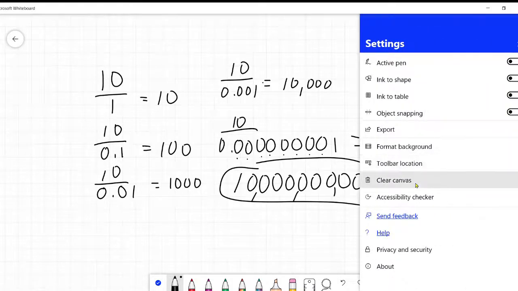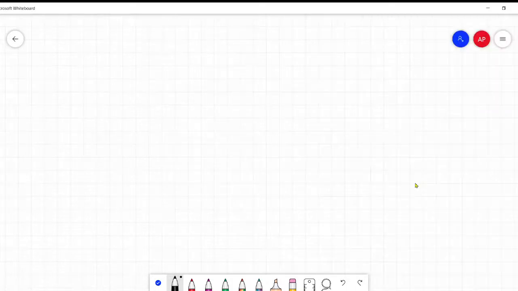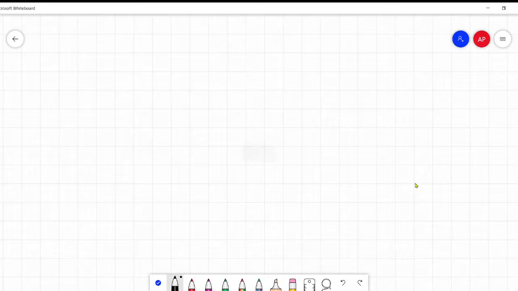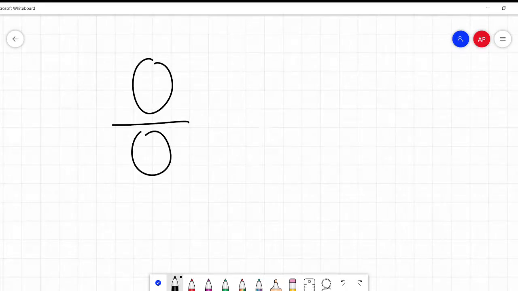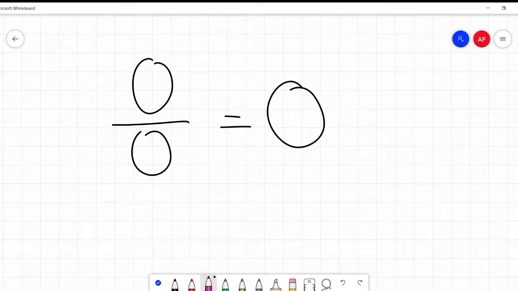Those are our sort of two arguments as to why it's just undefined. The other one is, what if I try to divide 0 by 0? Well, here's where there's two different arguments that you can make, and you'll get two different answers. And because you get two different answers is why this is also listed as being undefined. We can say 0 divided by 0 is 0, because 0 times 0 is 0.